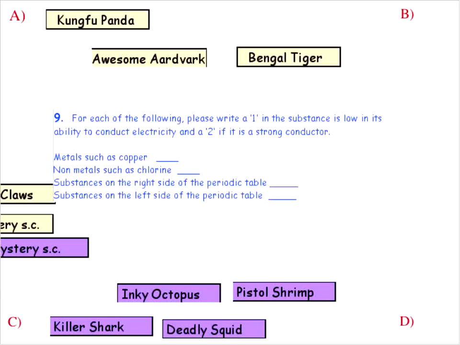Any other guesses, guys? Sounds like a good answer, or a good focus of your essay, I should say. Okay, so we've got 3 answers of 2, 1, 1, 2.